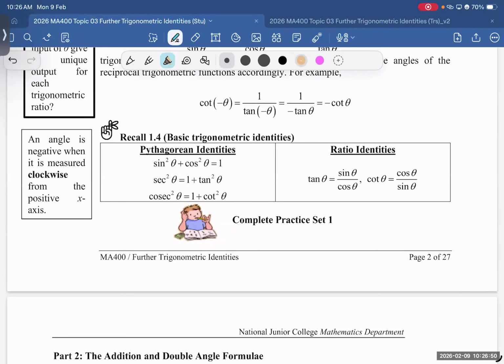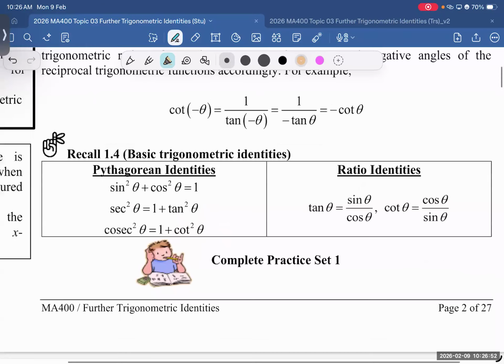So sine square plus cos square equals 1. You still remember this? Okay, how do I get the next two? Do you also remember how I show this? I just divide both sides by cosine square.